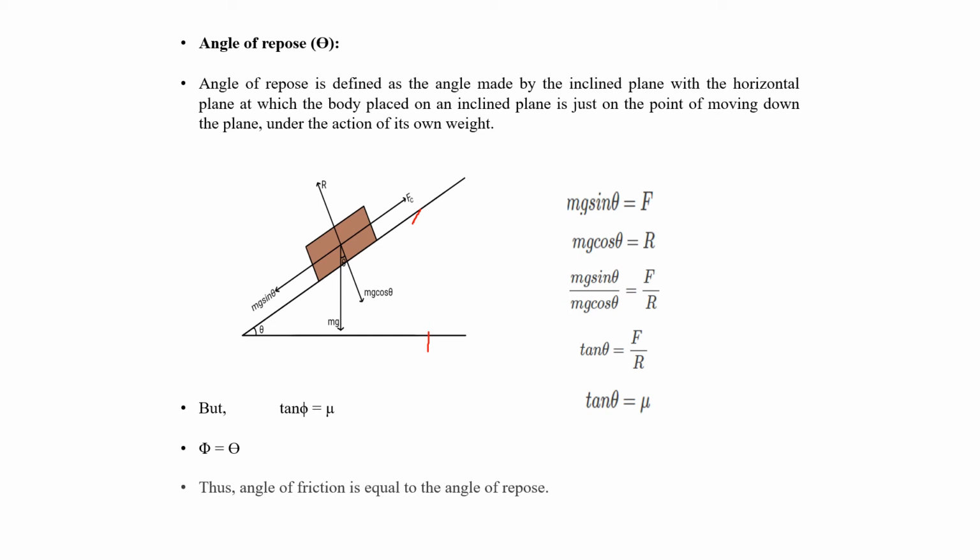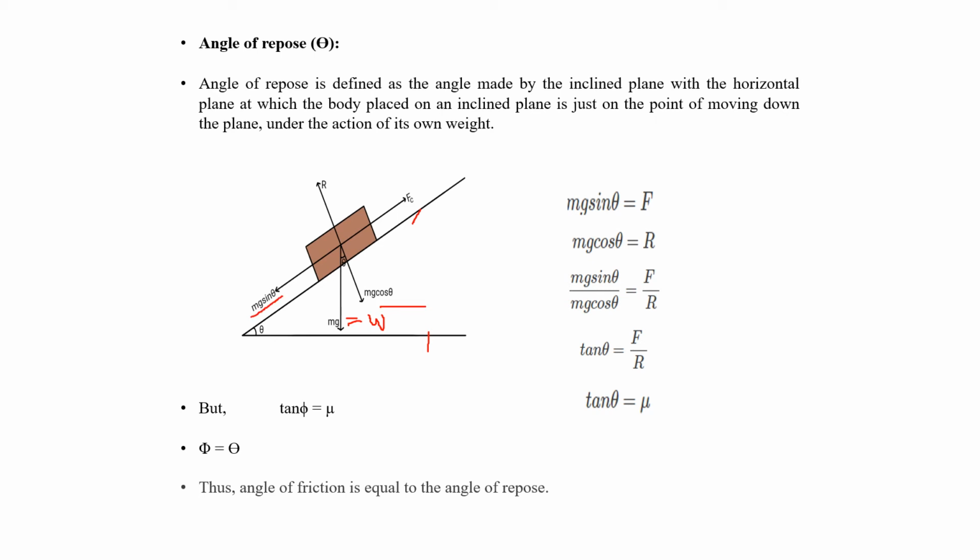So consider here a body having weight W, that is mg, resting on an inclined plane inclined at an angle theta with the horizontal. The weight of the body is acting vertically downward. It can be resolved along the plane and normal to the plane, like this: mg cos theta and mg sin theta.